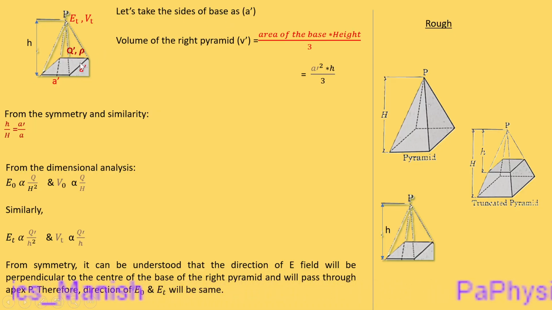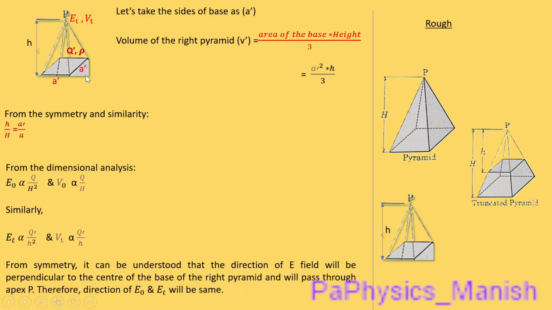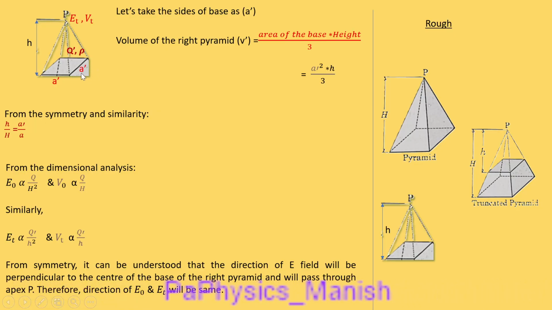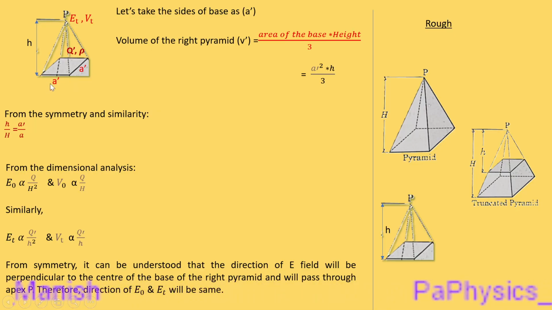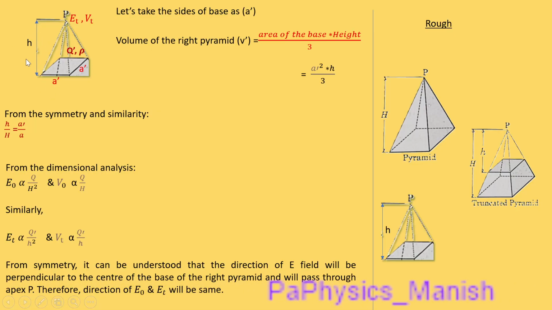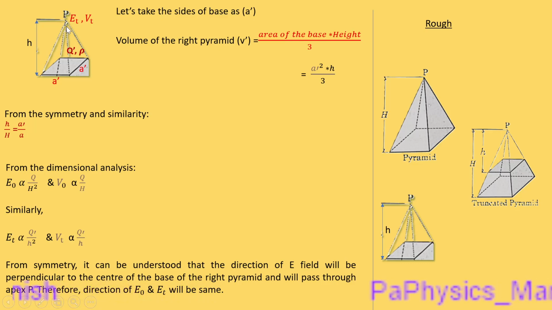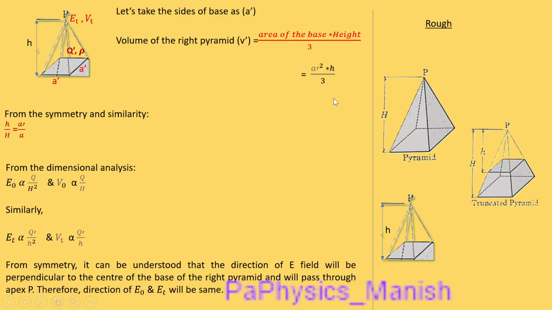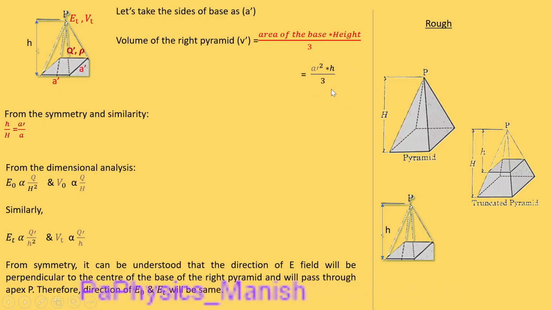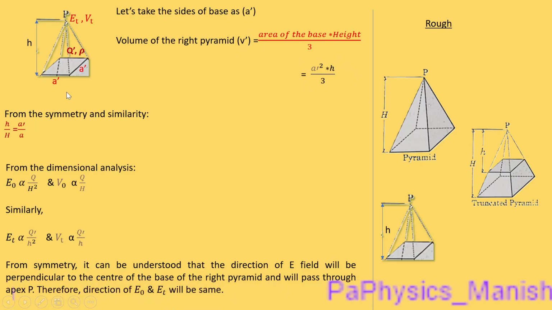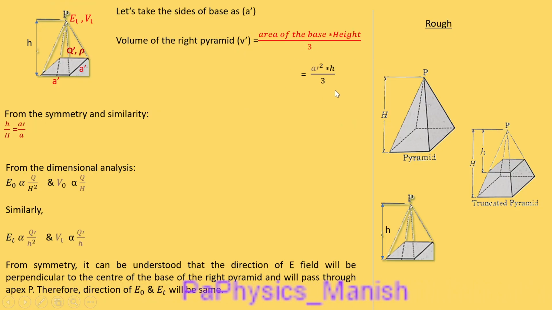We have assumed that this side is A prime. Since it is a square, this side will also be A prime. Small h is the height given in the question. Accordingly, we can derive the volume V prime of this as A prime square into h by 3.